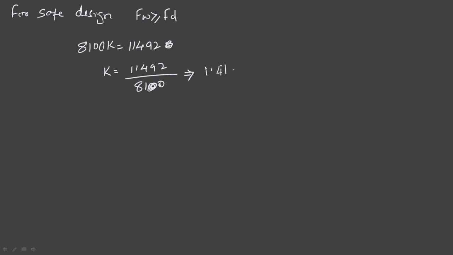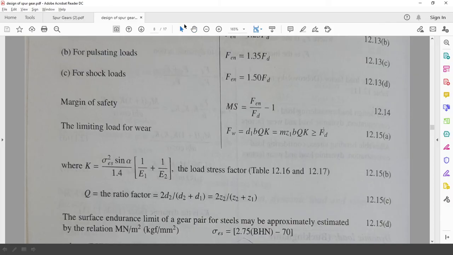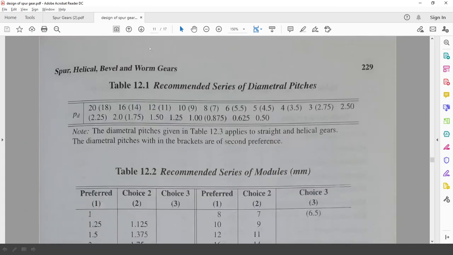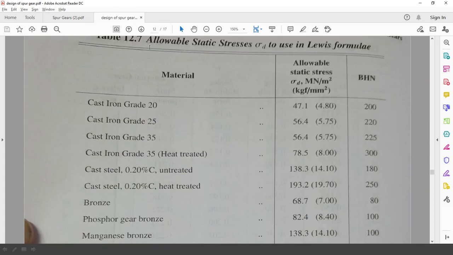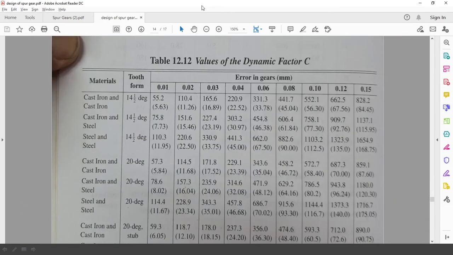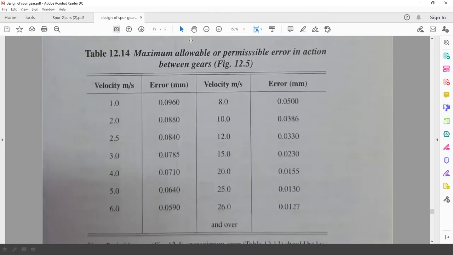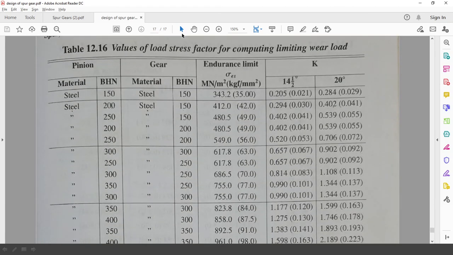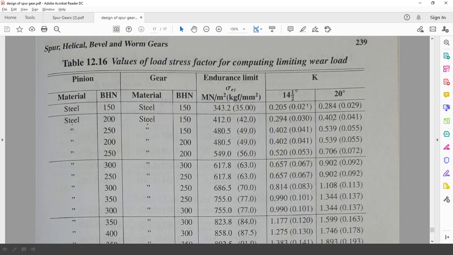Okay. Now, based on this one, you need to suggest what is the hardness requirement for pinion and gear. Now, we'll go to the design data handbook. So you refer the value of K here.